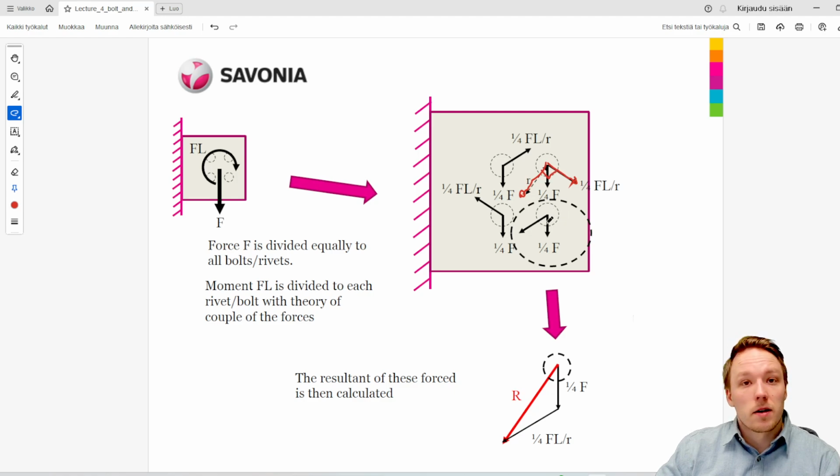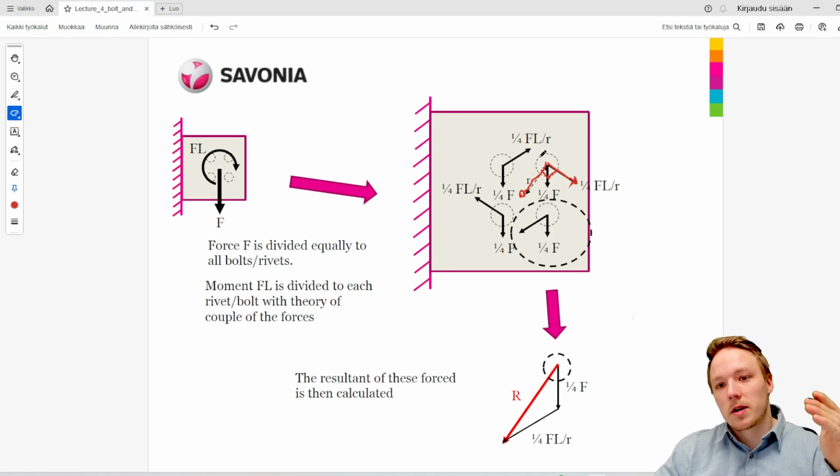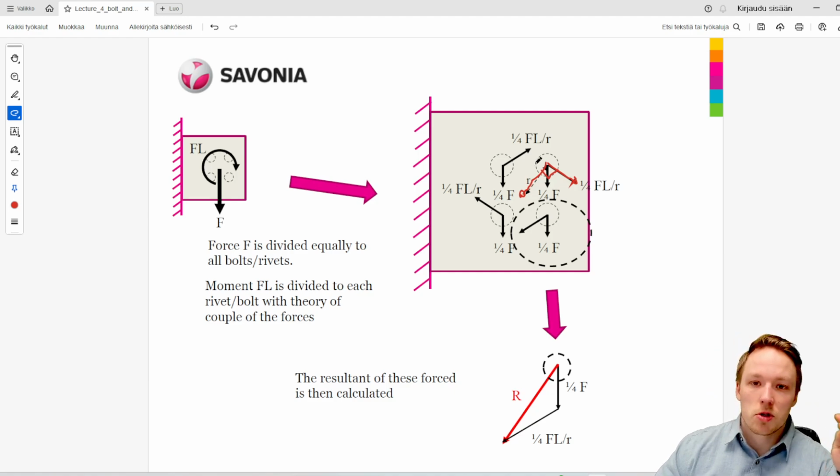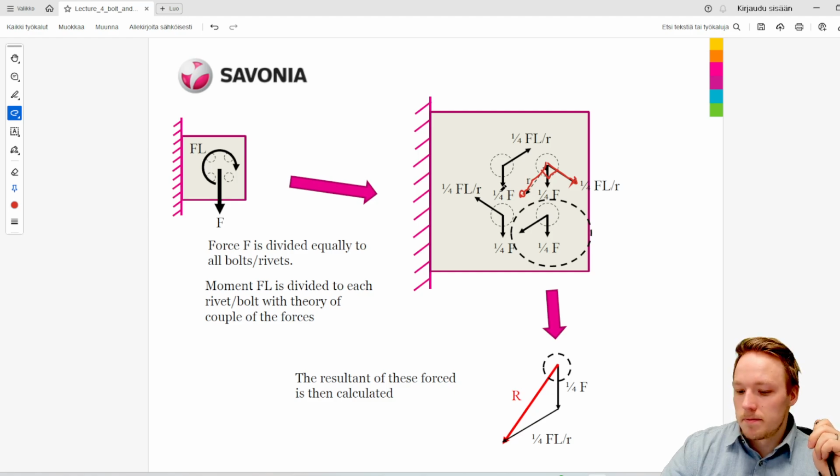And the similar force is at each of these bolts. So each of the bolts has the same magnitude of force caused by the torque. We will be talking about this more in detail in the practical examples, but here you have the basic understanding of what will happen in these cases.